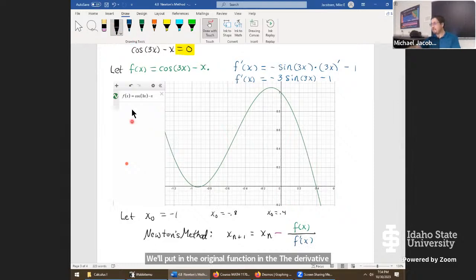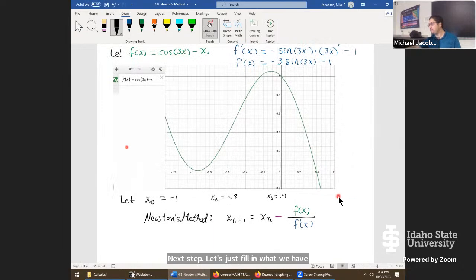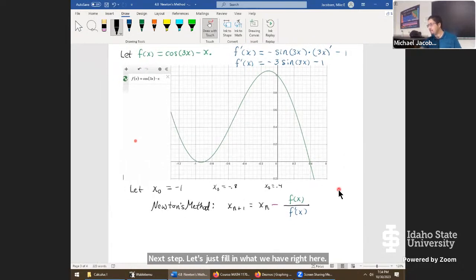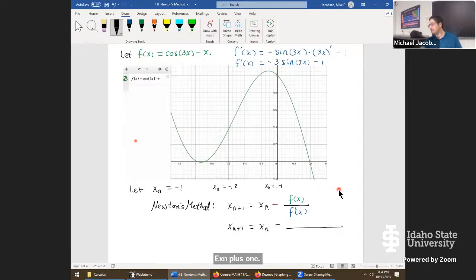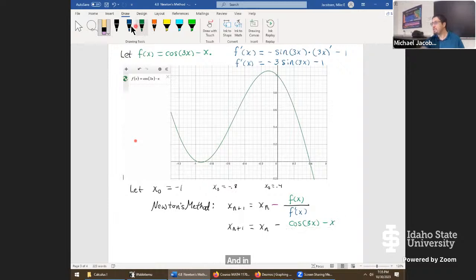Next step, let's just fill in what we have right here. x n plus 1 equals x n minus, for f of x, we'll put in cosine 3x minus x. And in our denominator, that looks kind of weird for a fraction bar. Let me fix that. For our denominator, just put in -3 sine 3x minus 1.